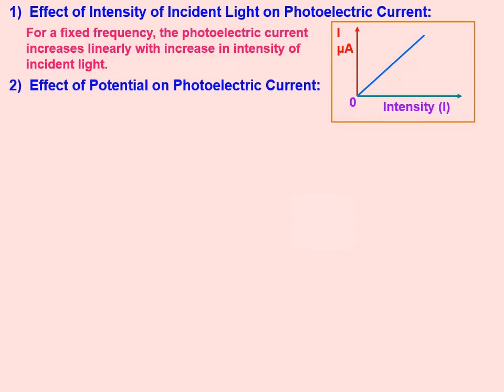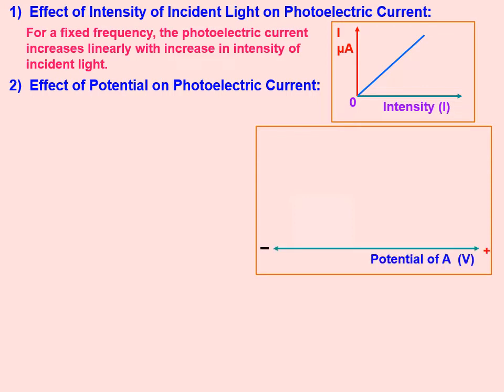Now the effect of potential on photoelectric current. For this we have to make a plot between potential of plate A on x-axis and photoelectric current on y-axis. So we will get this kind of shape when we plot the graph between potential of A and photoelectric current.